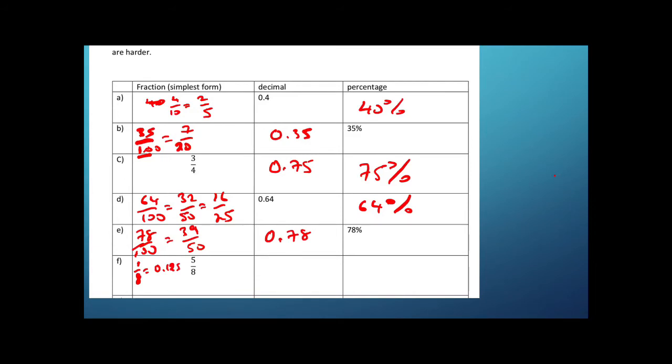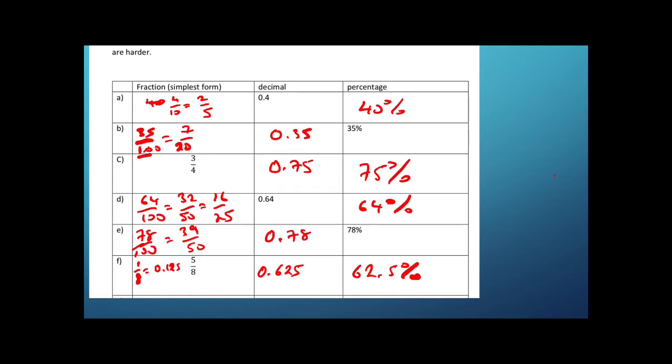So 5/8 is 5 times that, and that gives us 0.625. And that's fairly straightforward to convert into a percentage, because we've got the decimal 0.625, and that is 62.5%.